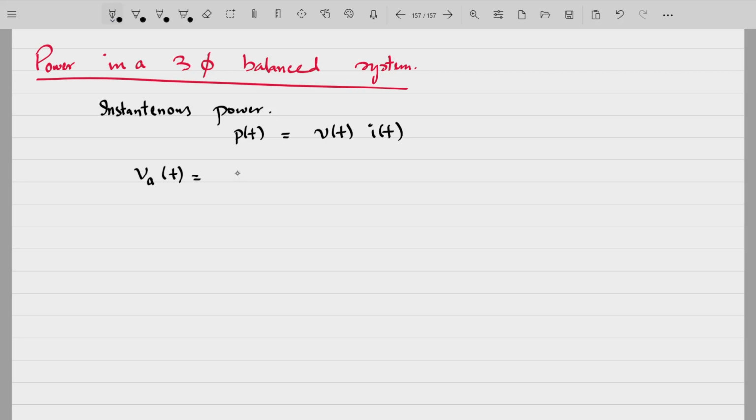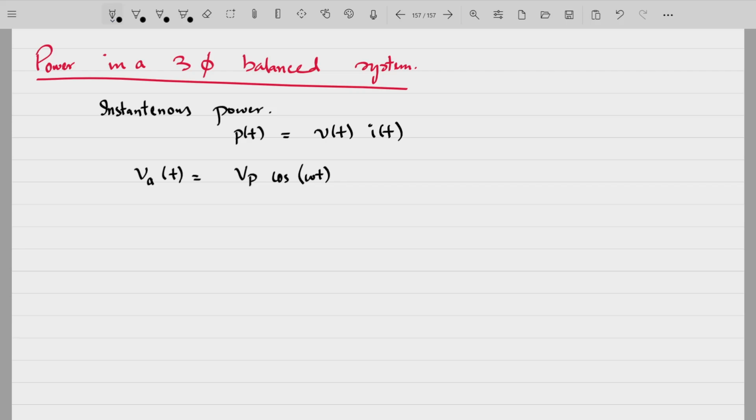So Va(t) will be equal to Vp cos of omega t in the time domain. Vp was the RMS value of this system. But when we represent it in the time domain, instead of the RMS value, we have the peak value, that's actually Vm cos of omega t.